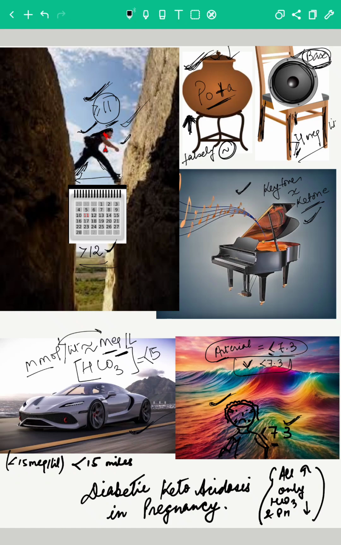The more the deficiency of base, the more is the acidosis, and vice versa. And since it is on a chair with 4 legs, the base deficit is 4 or more milliequivalents per liter. So the story of a lady with diabetes going to her grandma, driving a car, playing tones, having water from the pot, and playing music on a chair is the diagnostic criteria which we will find in laboratory investigation for a patient with DKA in pregnancy.